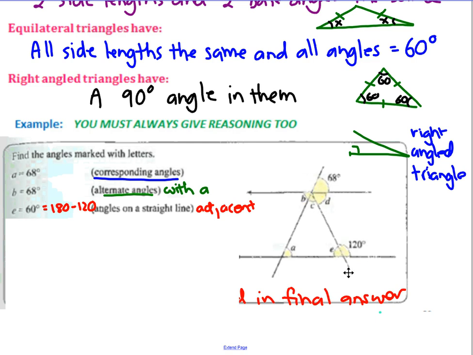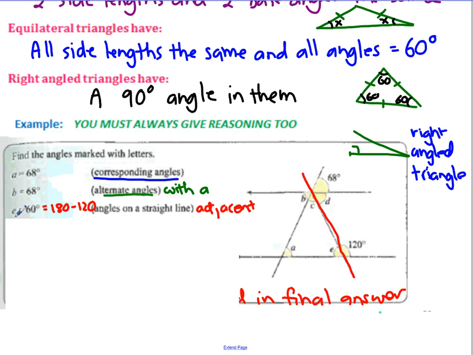See if that's our transversal this time. Because you could always extend that transversal if you like. Try to imagine if that transversal was extended, then this little angle here is the same as that little angle there, as B plus C. So B plus C equals 120. And so we know that B is 68 degrees.